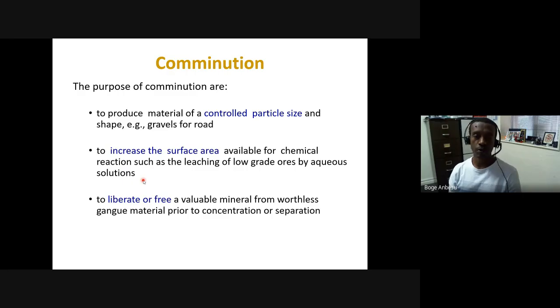We talked about comminution, which we said includes crushing and grinding. In mineral processing, the main reason that we do comminution is to liberate particles or to produce free particles. This can be the valuable, it can be the gangue. If you liberate the gangue, it's good. If you liberate the valuable, it's also good.